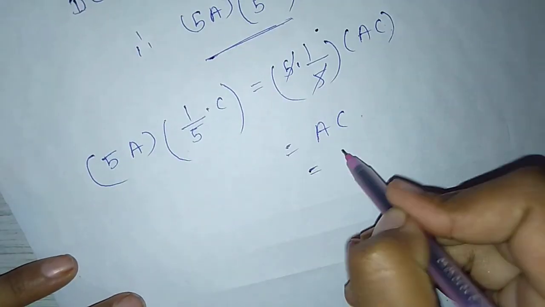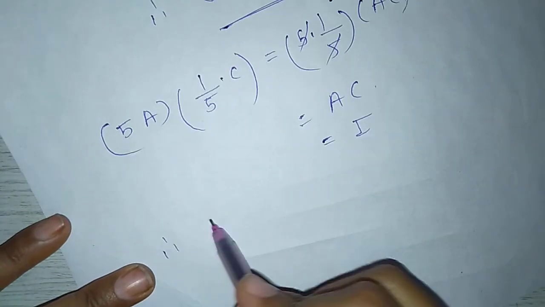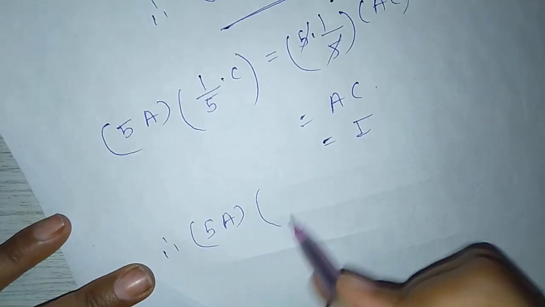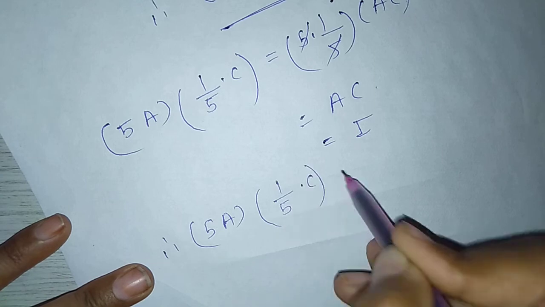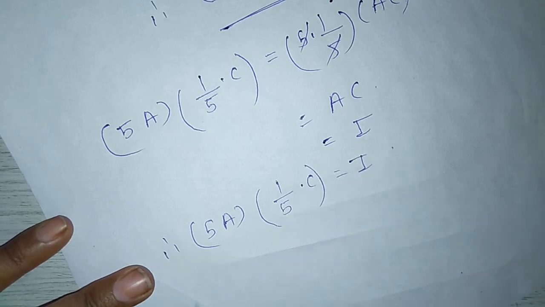We get the identity matrix. Therefore, phi u A into 1 upon phi u into C equals the identity matrix.